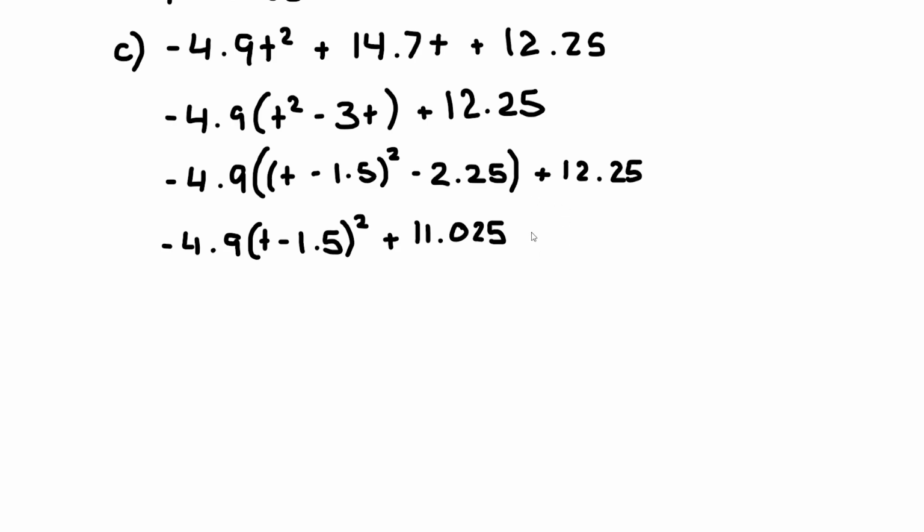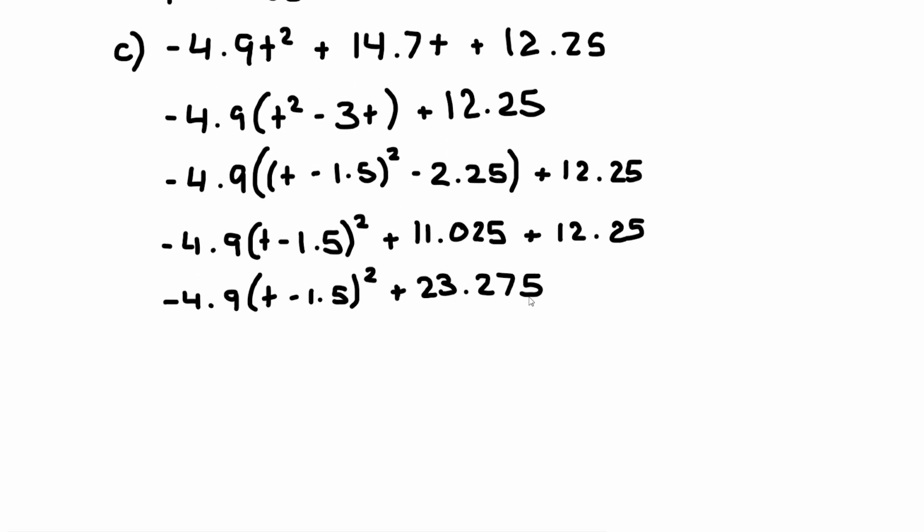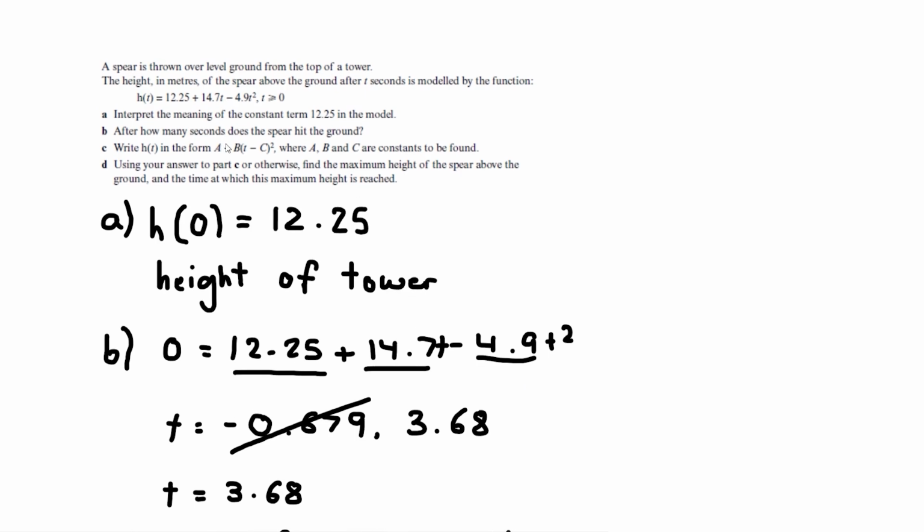And of course, we still have this plus 12.25. So now we can collect these two together, giving us minus 4.9 t minus 1.5 squared, and 11.025 plus 12.25 is plus 23.275.